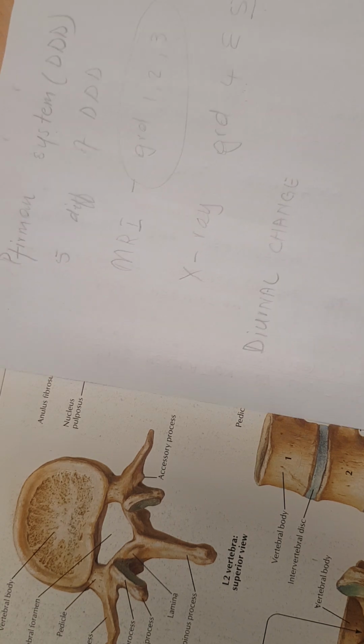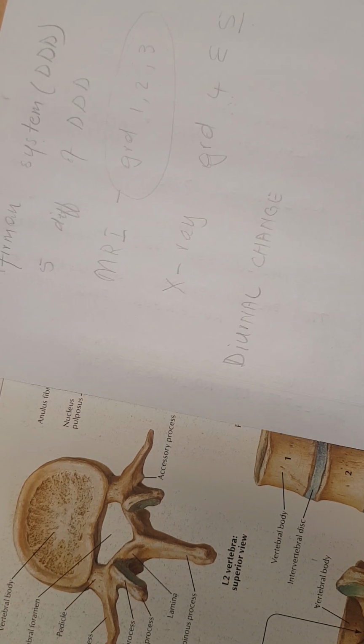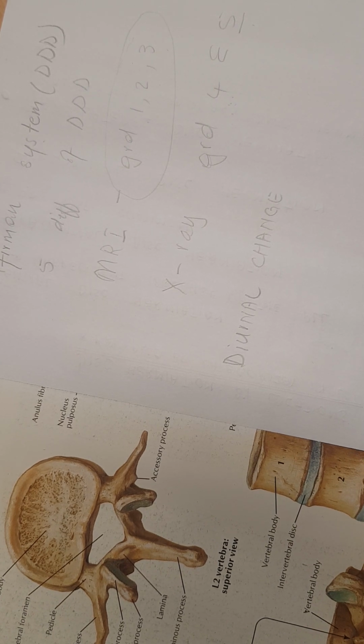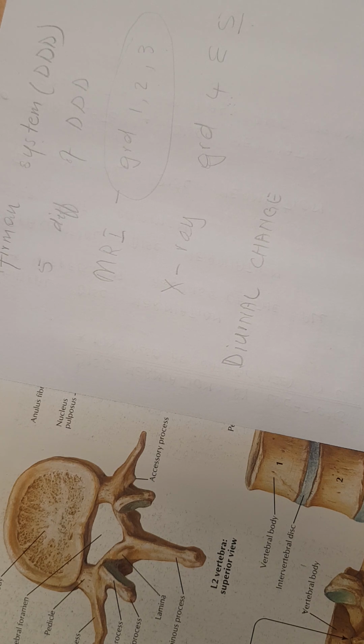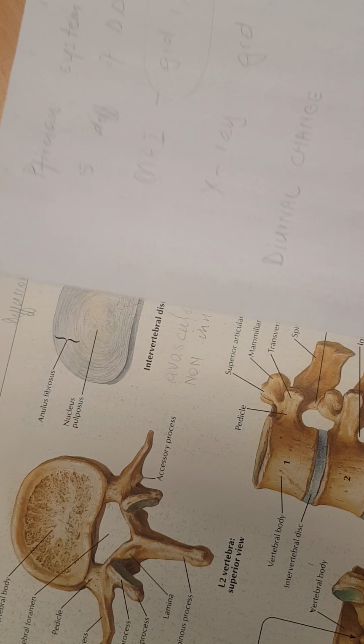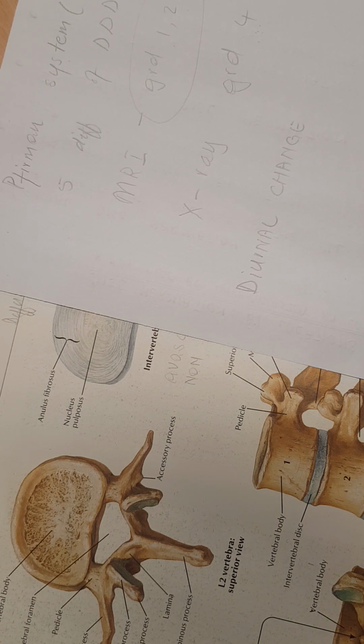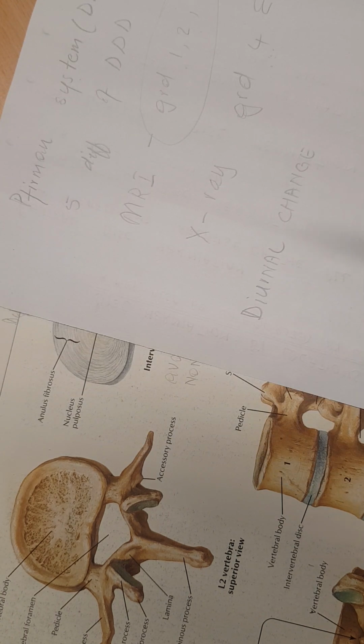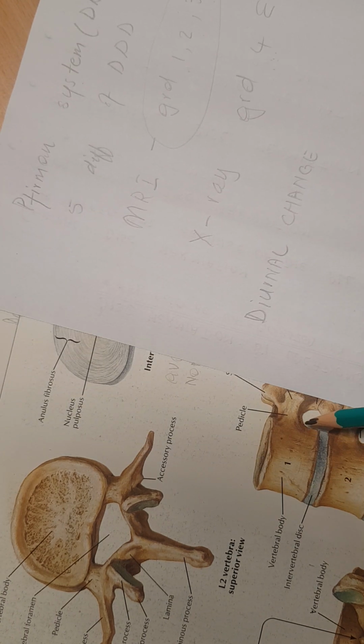What is the difference between an X-ray, a CT scan, and an MRI? Let me just give a brief definition. With an X-ray, you can only see bones, and the X-ray cannot be sliced. It is just a picture of the bones.